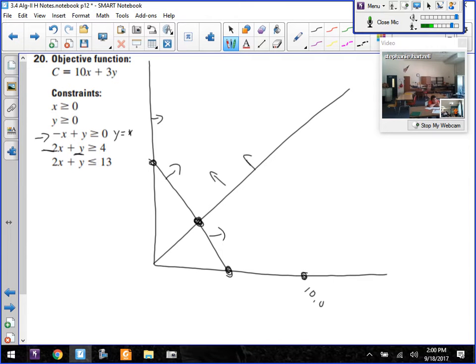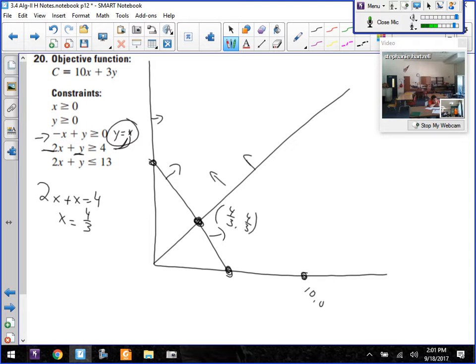Now, that's the intersection of these two lines, y equals x and 2x plus y is 4. This is a prime candidate for using substitution. If I do that, I can say that 2x plus x is 4, because I have y equals x here. So I get x is 4/3. So if x is 4/3, y has to be 4/3. It's really nice how that works out.